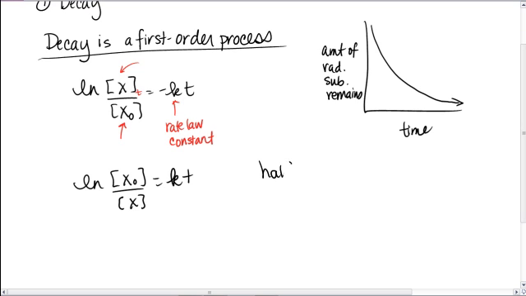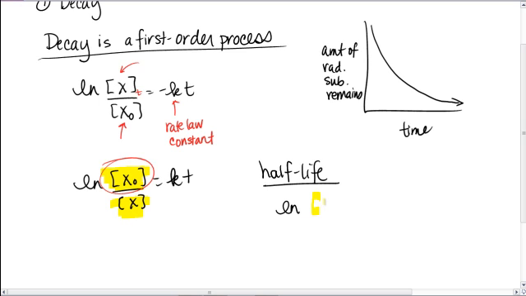What we're concerned with here is half-life. Because with radioactive substances, they last a really, really long time, so we're interested in a half-life, not how long they last. So at half-life, if I have half of it, the number on top would be 100%, and the number on the bottom would be half.